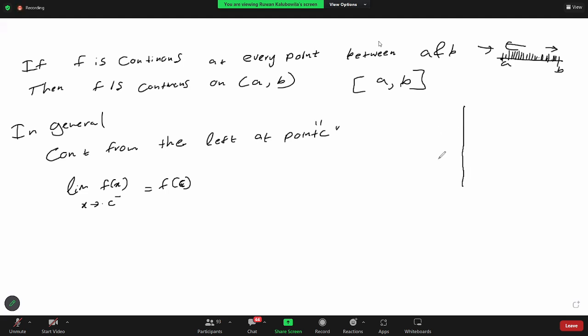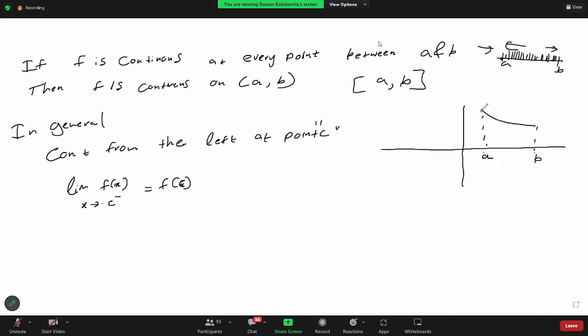Let's draw the graph first. Now I will draw again, considering two points. This is A and this is B. Then you can see there is no defined function below A. When x is less than A, we don't know the behavior of the function, so we are at the endpoint.